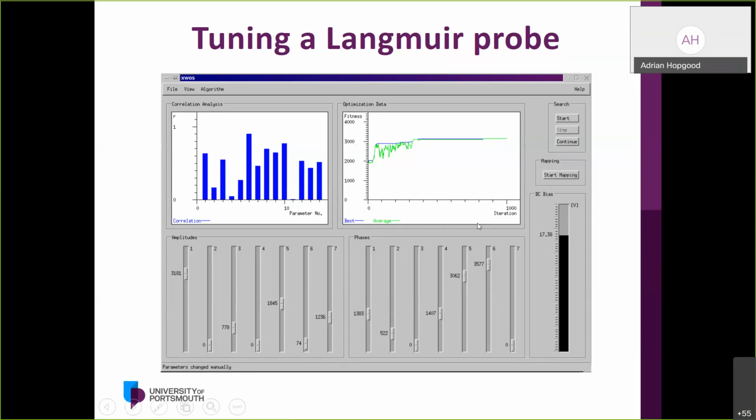The key point is that it's got 14 different variables, which are represented by these sliders on this screenshot: 7 amplitudes, 7 phases, 14 variables in total. To tune this device, you've got to find the optimal combination of those 14, which is really hard for a human operator, but really straightforward for a genetic algorithm. This is exactly the sort of thing they're designed to do.